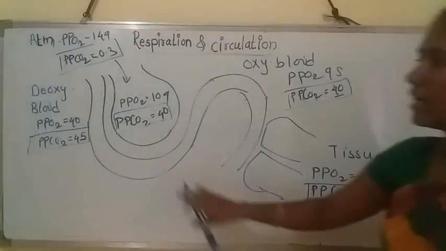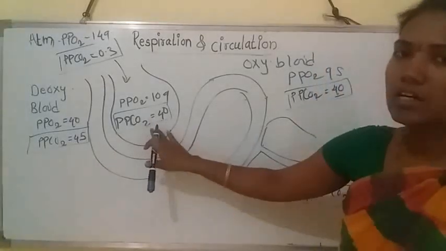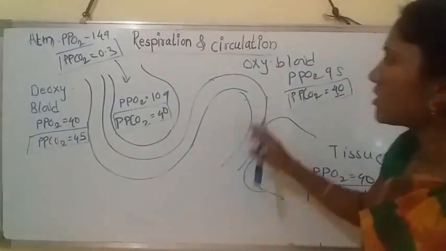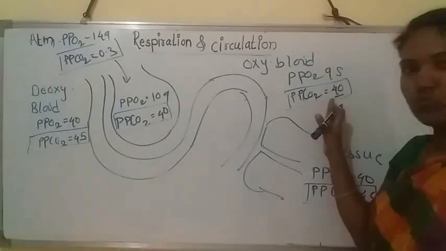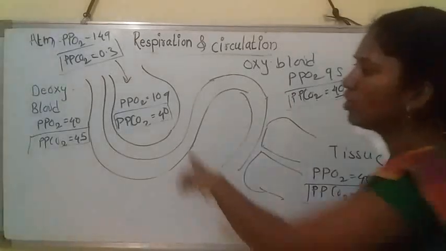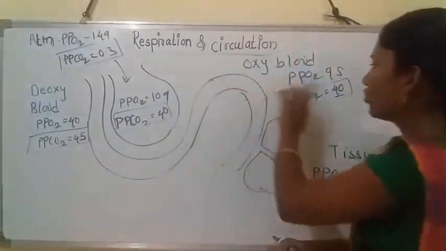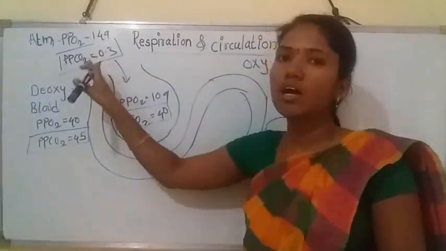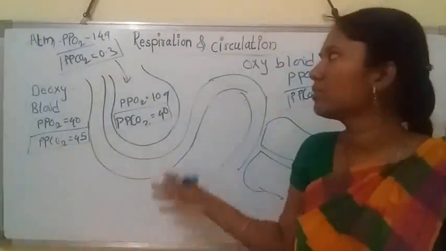So you can see that in alveoli it is 40, in deoxygenated blood it is 45, once again in oxygenated blood it is 40, and in tissue again 45. So it is easy to remember: 40, 45, 40, 45. Just remember the partial pressure of CO2 in the atmosphere. In this way you can remember this point.